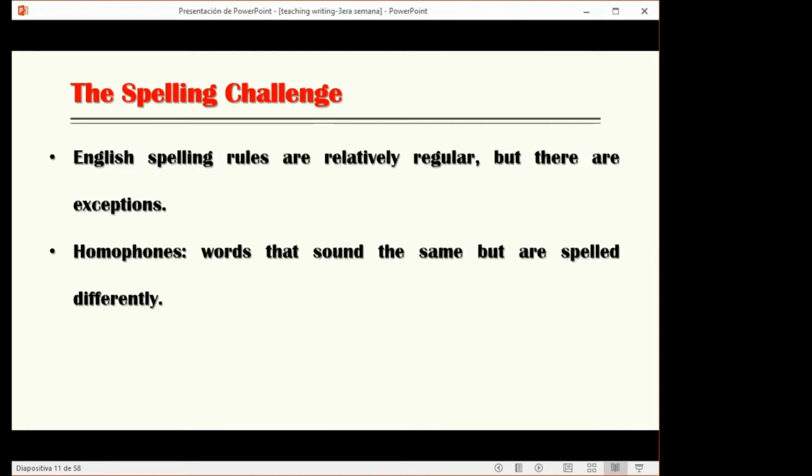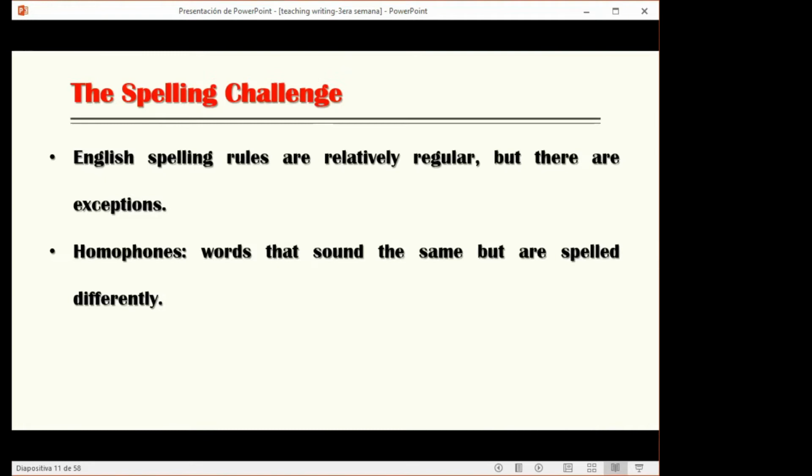We need to tell our students that, because sometimes they think it's complicated. Another aspect related to this is the homophones: words that sound the same but are spelled differently. This is one of the tricks, teacher. Do you pronounce it the same? See, related to watch, and sea, related to the thing that we have on the coast.